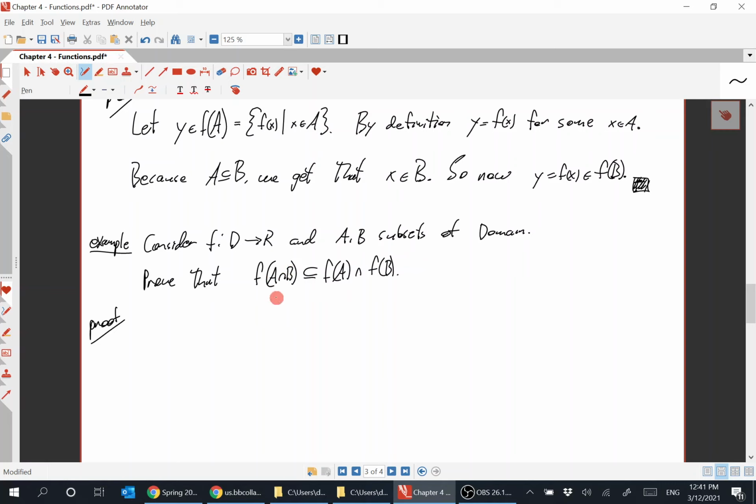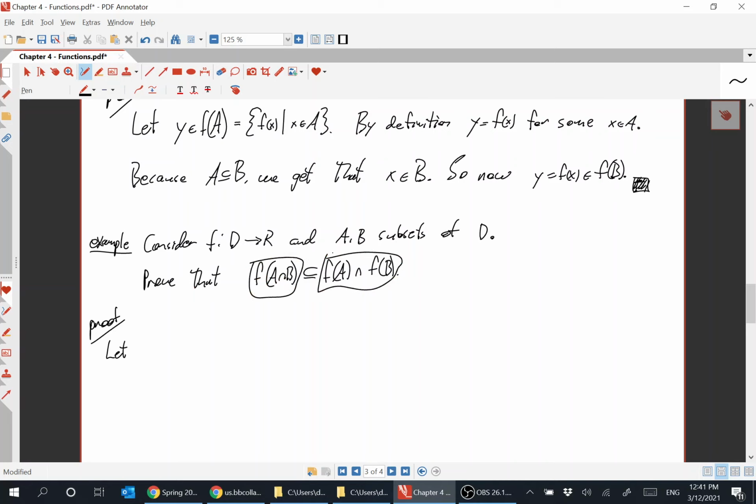Would you assume, or let the function? Well, we've already got this. This is already known. A and B are subsets of D. Oh, okay. So we just want to prove that this is a subset of this.